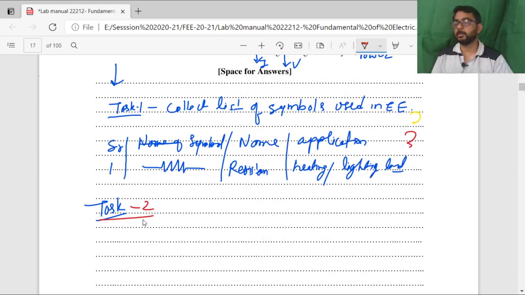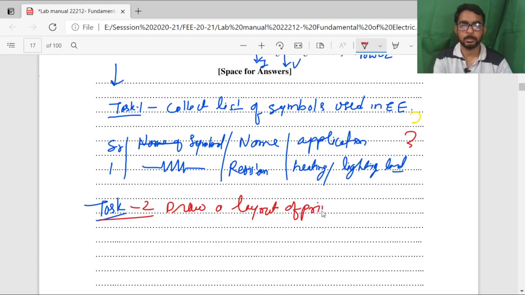In task 2, students will draw a layout of the premises where they reside nowadays. It is also known as an SLD, single line diagram for the premises.